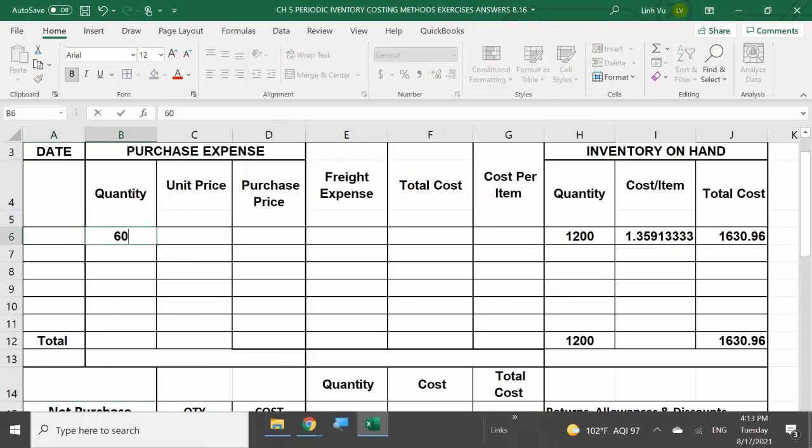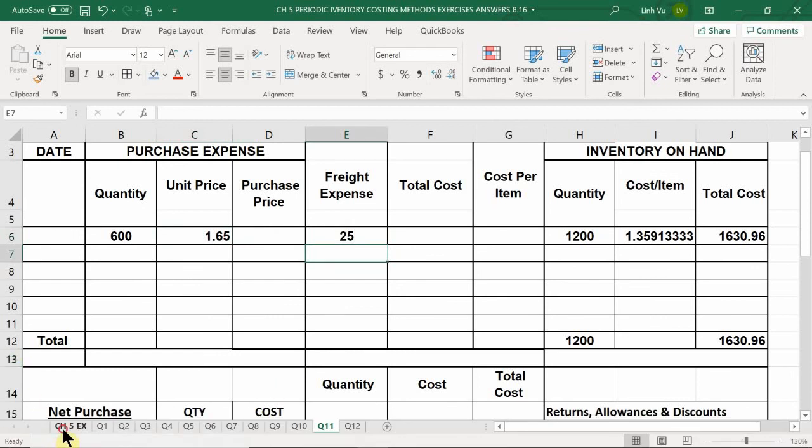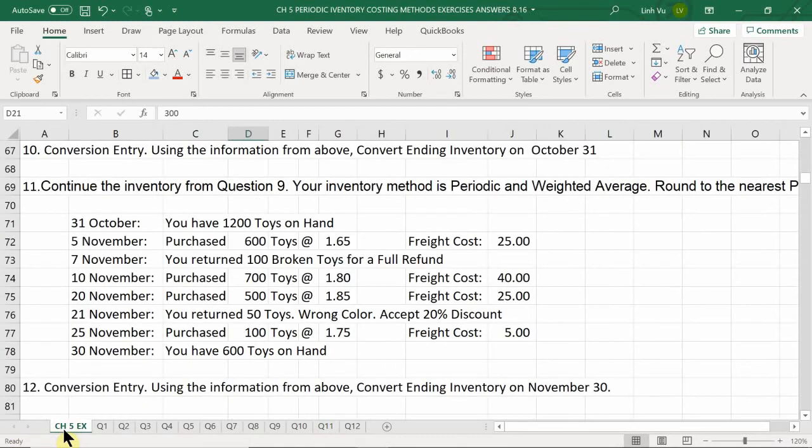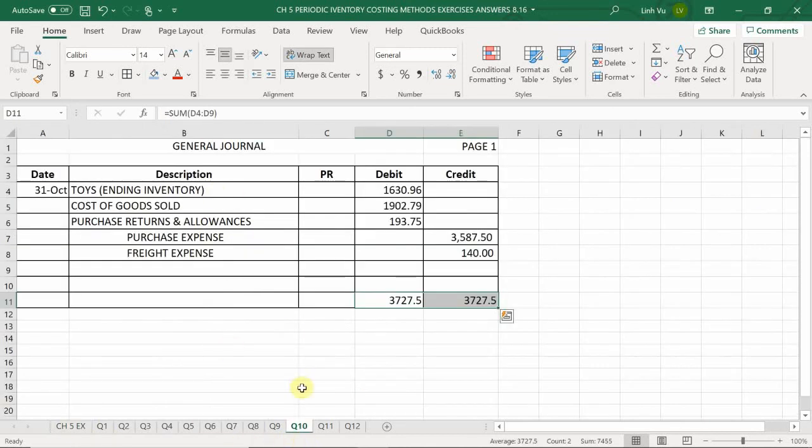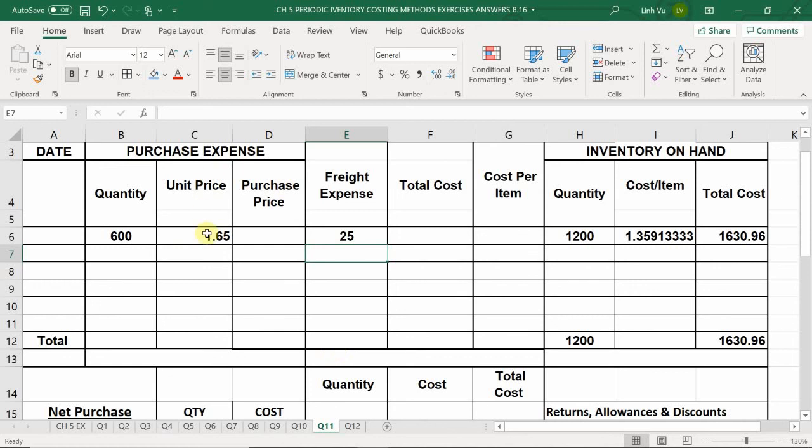Purchase 600 toys at $1.65 with a freight of 25. Okay. There we go. So what is going to be my total purchase price here?